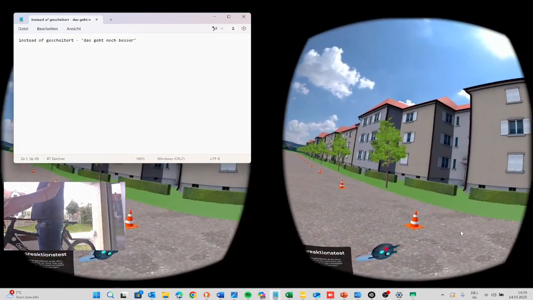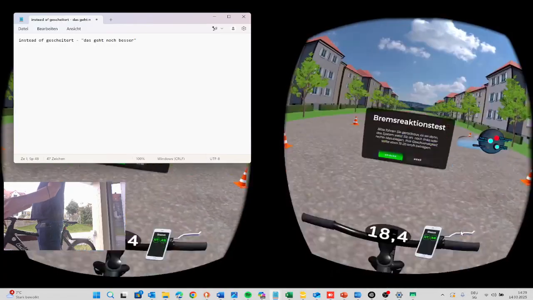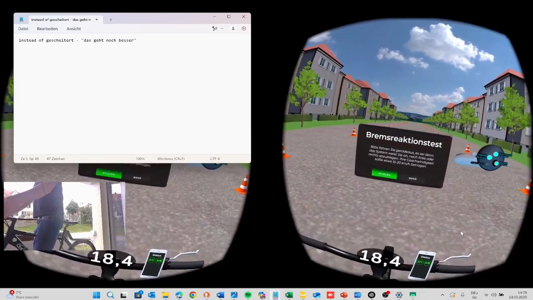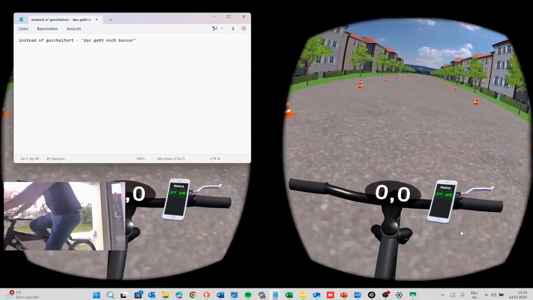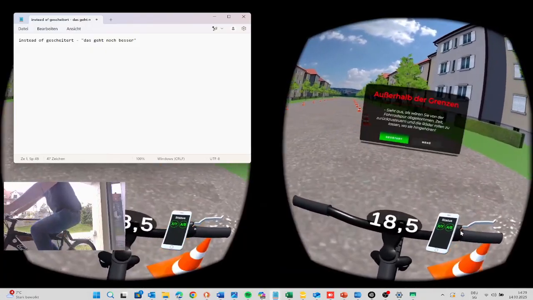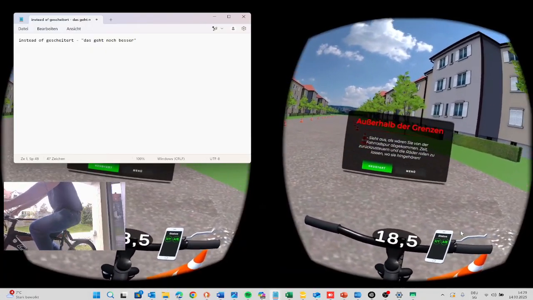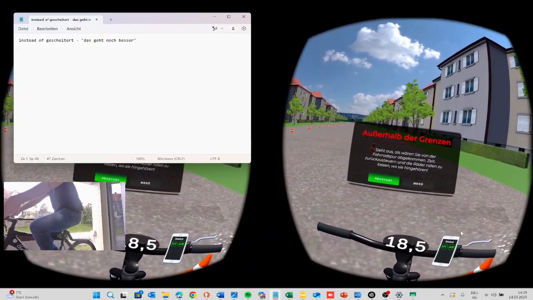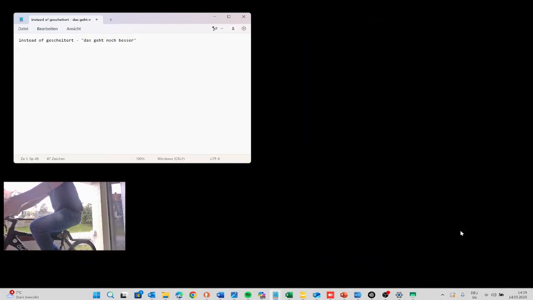So here I'm again, somehow. When I'm here, you see, I'm outside of the boundaries. I understand why you did it, but it would be great if we could make it less.